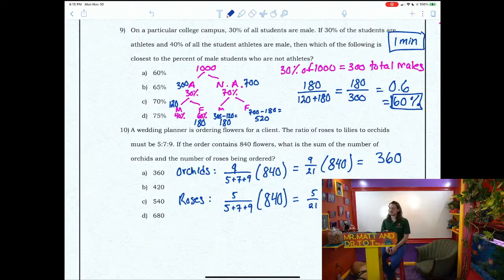The question's asking me then which of the following is closest to the percent of male students who are not athletes. So there's 180 non-athletic male students. There's 120 athletic male students. So we're going to take the number of non-athletic males divided by the total number of males. So it's going to be 180 over 300, which is 60%. And that's answer selection A.